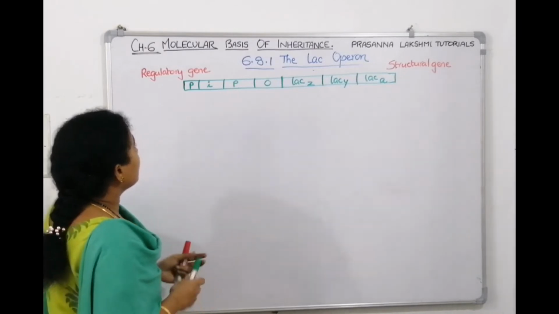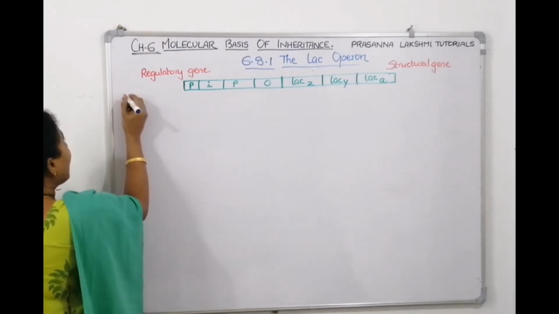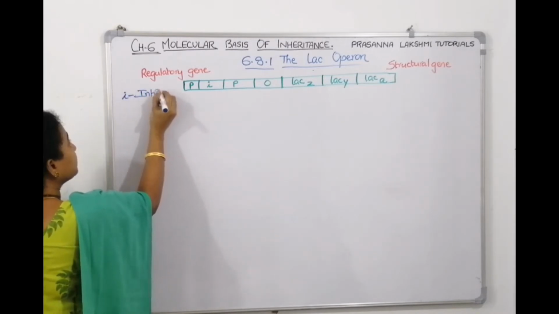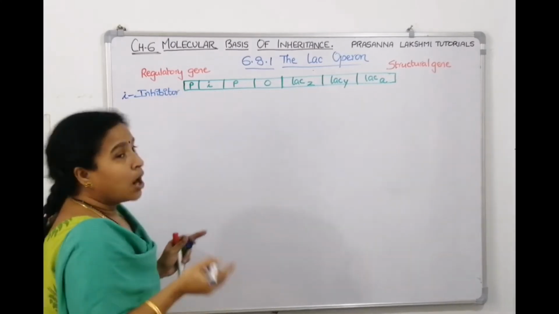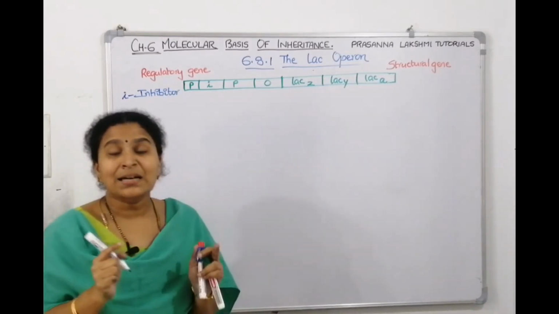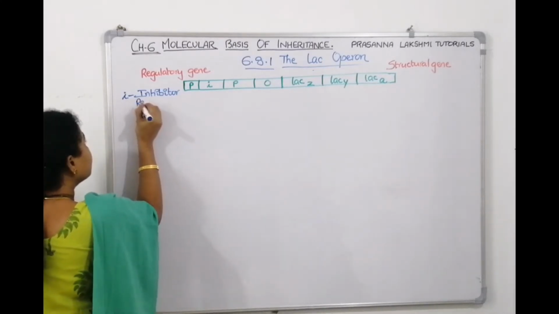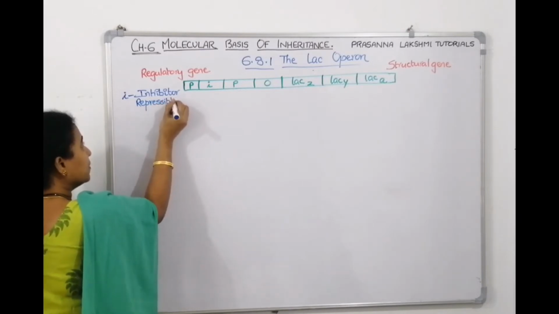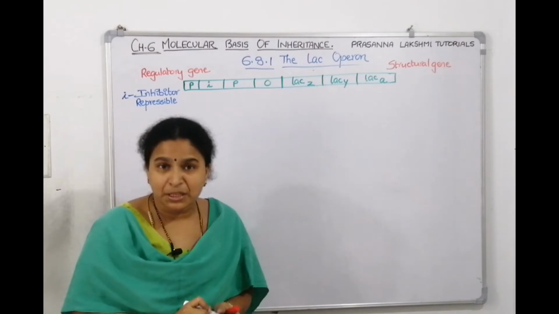Now let us see. What did I tell about I gene? I told you I stands for inhibitor gene, or you can call it a repressible gene.